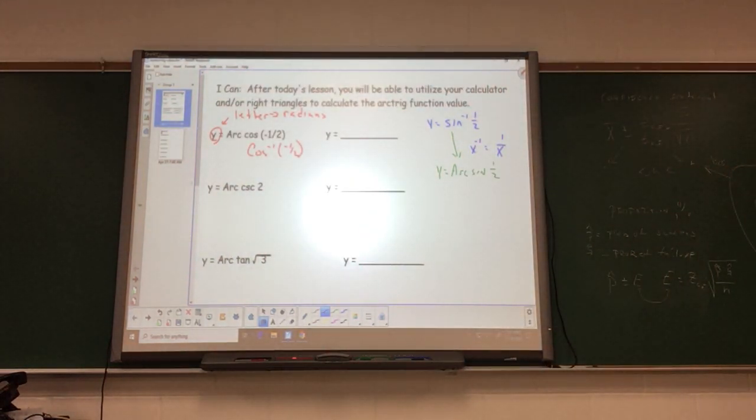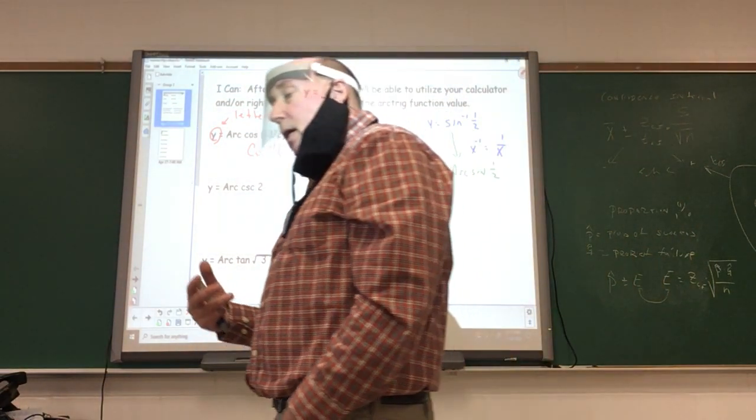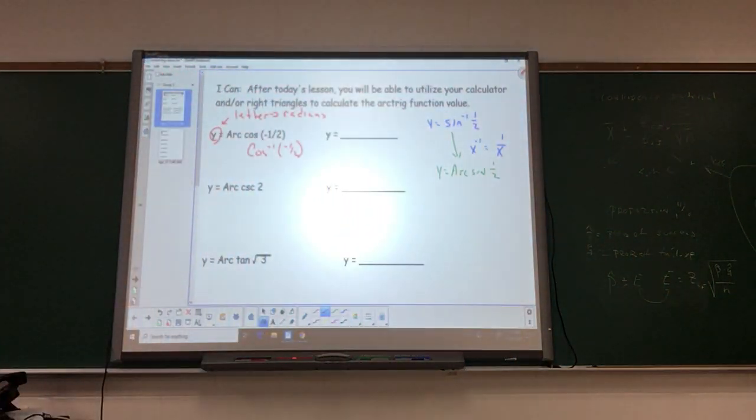Well, if I change my calculator to radian mode and take the inverse cosine of -1/2, I'm just going to get an irrational decimal. And I don't want a decimal. I want to have an exact value here.